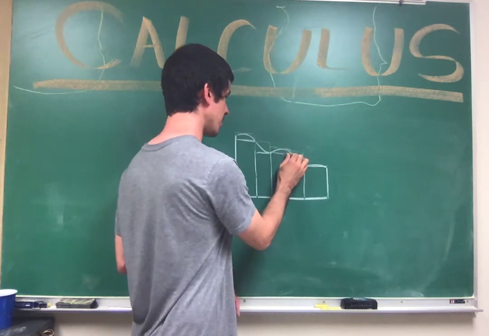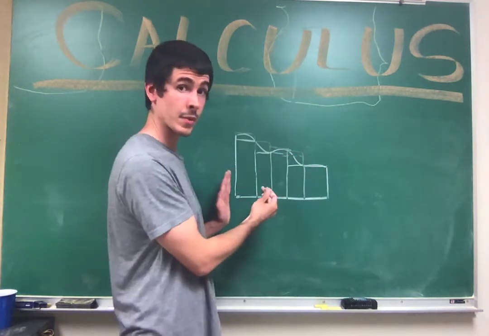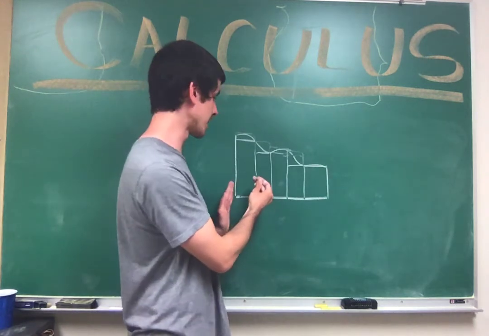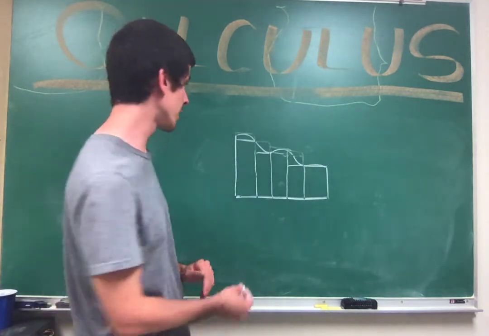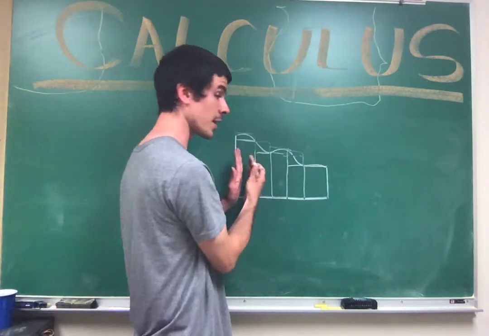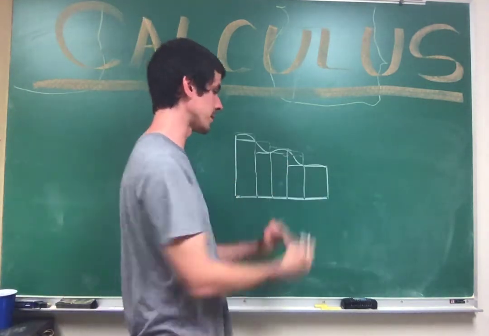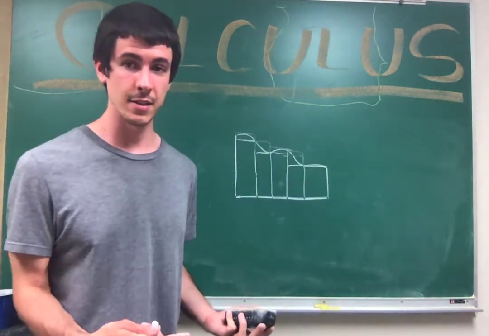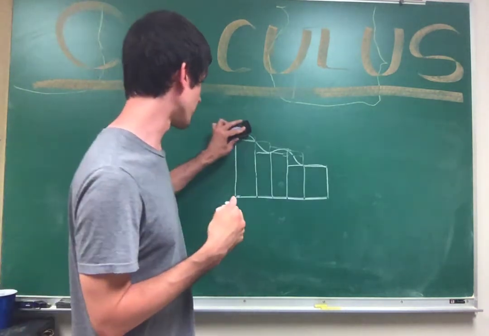To put it in Newton's words, the lengths of the rectangles are diminished ad infinitum, and the number of rectangles is multiplied ad infinitum. So we fill in more rectangles, they'd be skinnier, and there'd be a greater number of them, and that would approximate the area. So that's the idea of integration, which we'll get to more towards the end of the class.